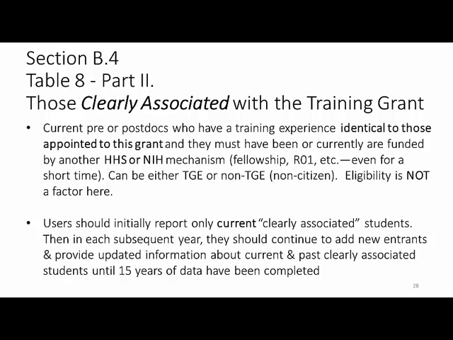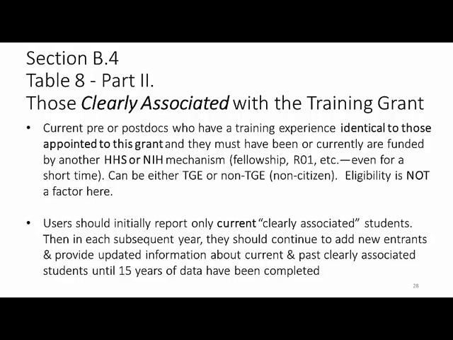Obviously this table can get really large, because that's pretty much the rest of campus, the rest of your labs. How a PI interprets this comes into play, because I have a PI that says, absolutely not. If they are not on the training grant, these other 3 are not receiving an identical experience. They're not clearly associated.